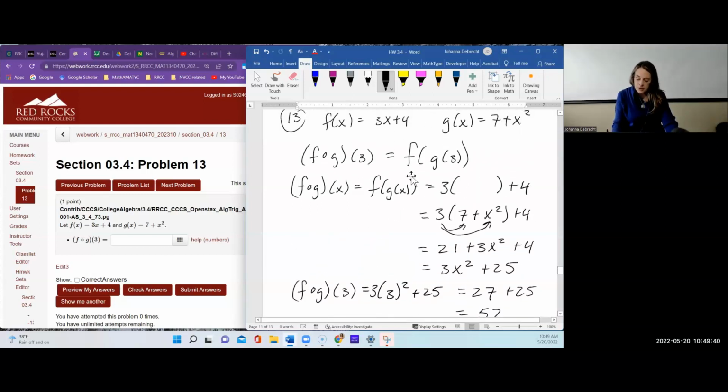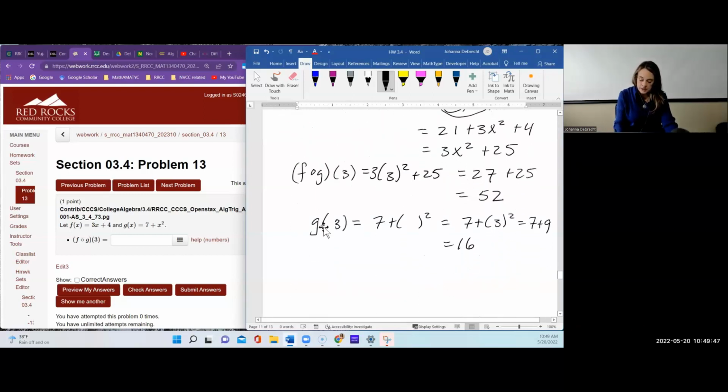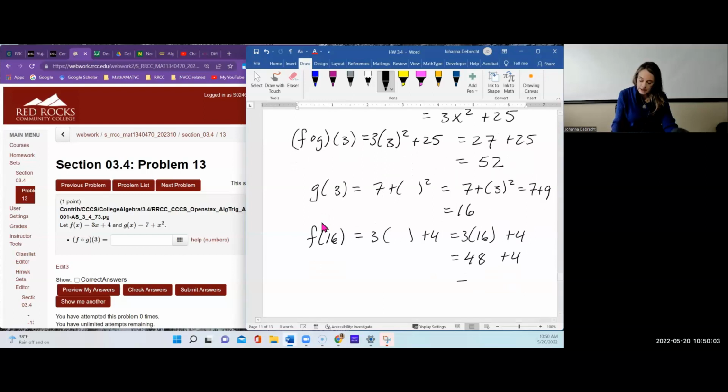Then we substitute that inside of the f function in place of the variable. The f function is 3x plus 4. Three times 16 gives us 48, and 48 plus 4 again gives us 52. We get the same answer either way.